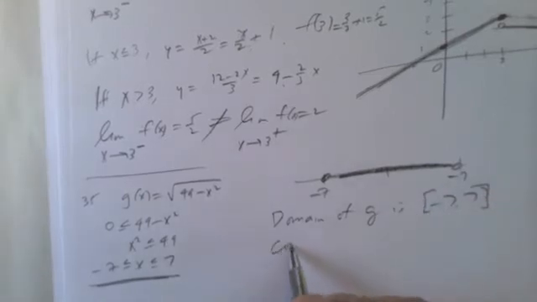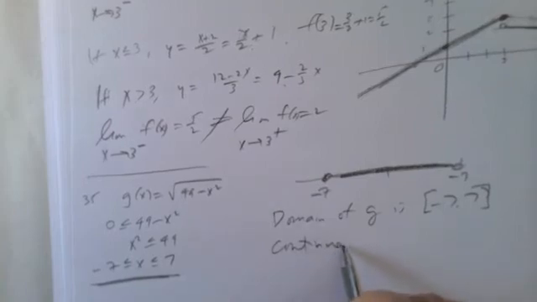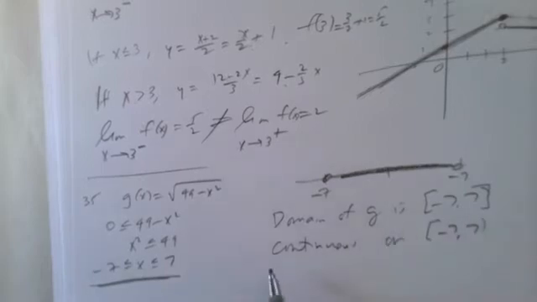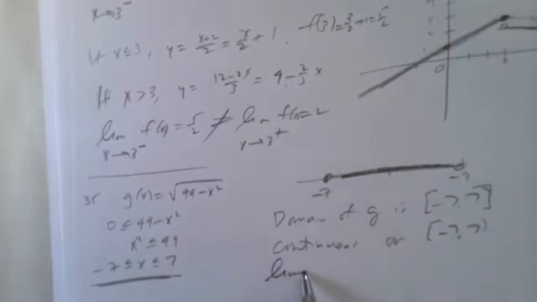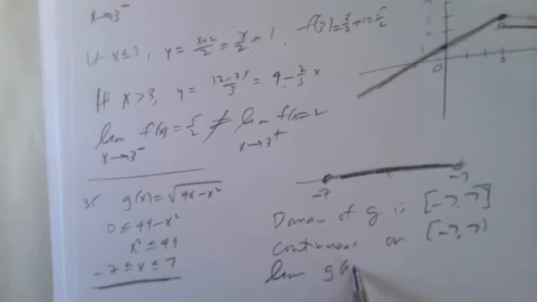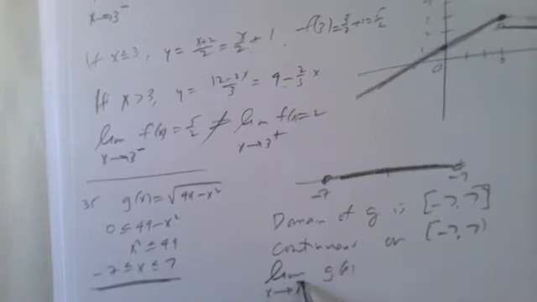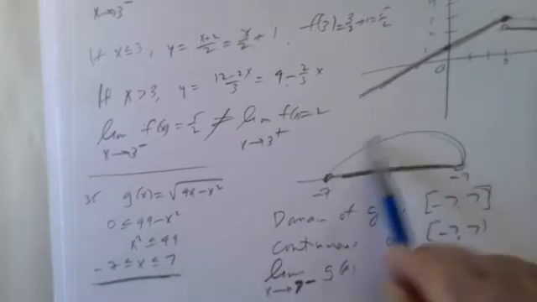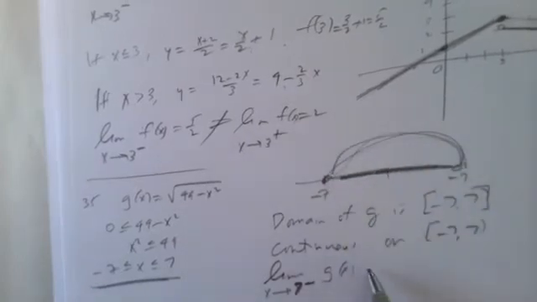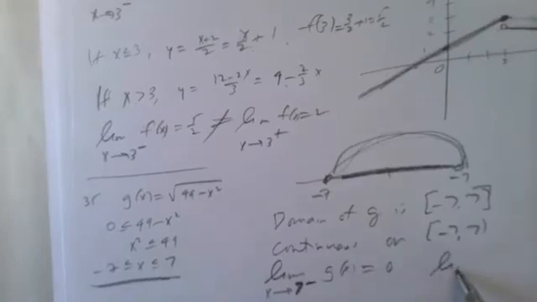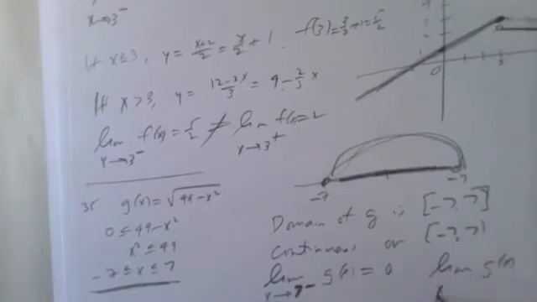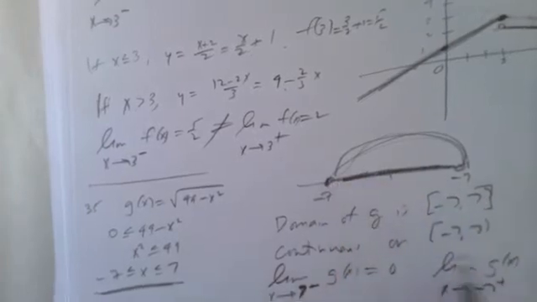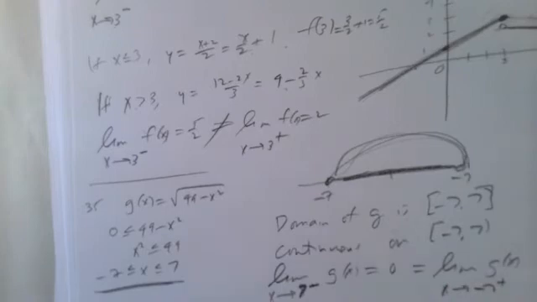And this function is continuous on the whole closed interval. The limit of g of x as x approaches 7 from the left, the graph of this function looks like that, is 0, and the limit of this function as x approaches -7, but from the right, is also equal to 0.